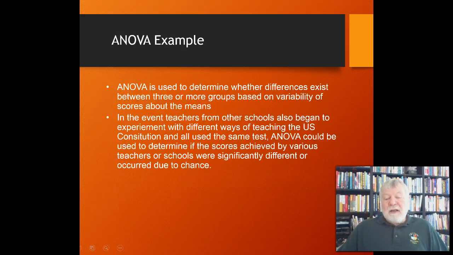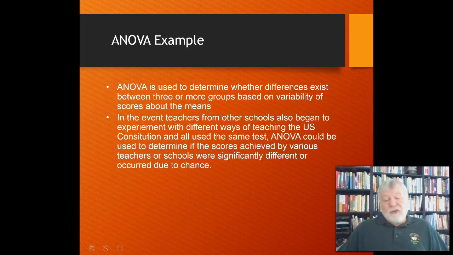Last but not least, we oftentimes use what is called an analysis of variance, or an ANOVA. It is used to determine whether differences exist between three or more groups based on variability of scores about the means. So let's say now that teachers from other schools hear about me using the project-based learning approach, and they have some ideas about other ways.